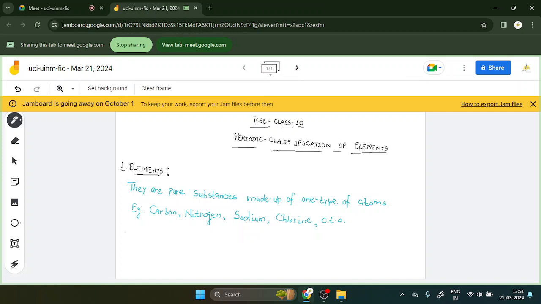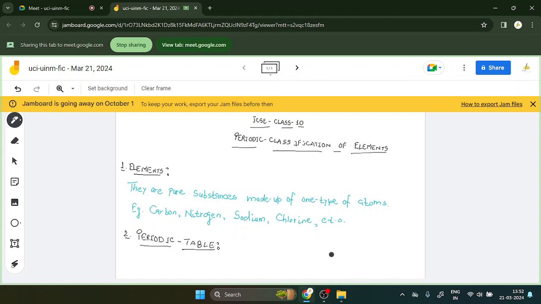Now we will be discussing the periodic table. If someone asks you to define the periodic table: it's an arrangement of elements in a tabular form, and the elements are divided based upon the atomic numbers, based upon the metallic and non-metallic character, in the periods and in the groups.